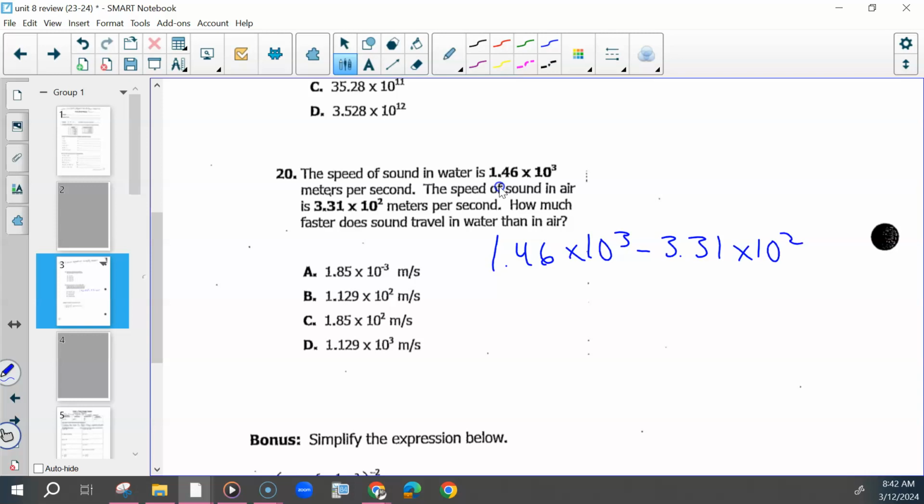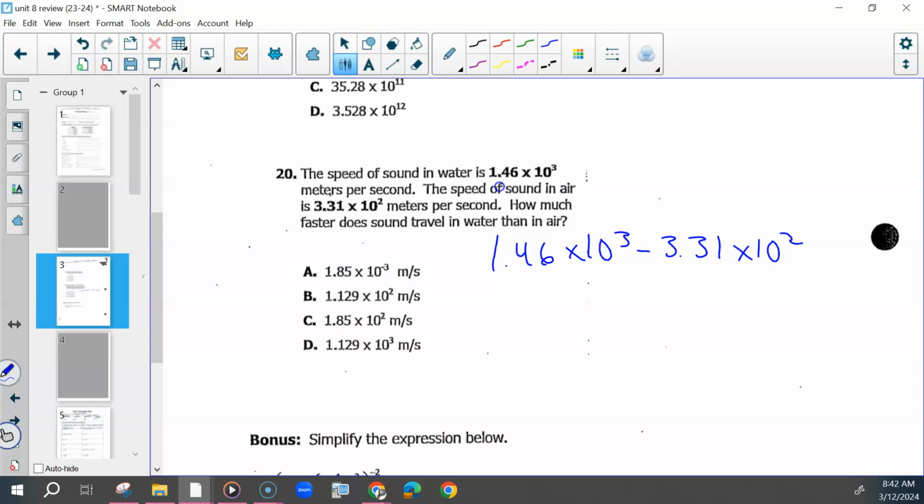And when we subtract in scientific notation, the exponents have to be the same. So I can either make this 2 or make this 3, but if you have positive exponents, it would be better to make it into the bigger one.